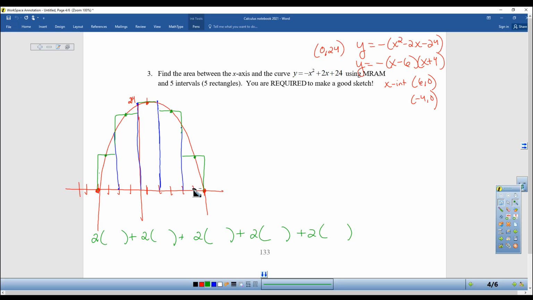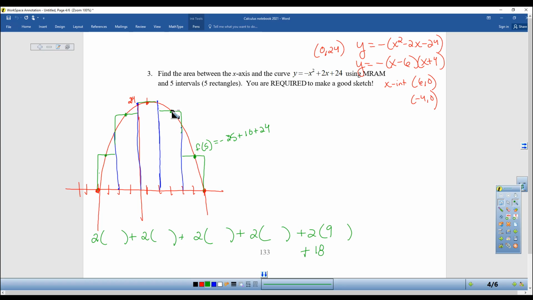So how high is this? Well, since I'm at 1, 2, 3, 4, 5, this height is the function, the y value at 5. So negative 25 plus 10 plus 24 is 9. So that last rectangle is 18.